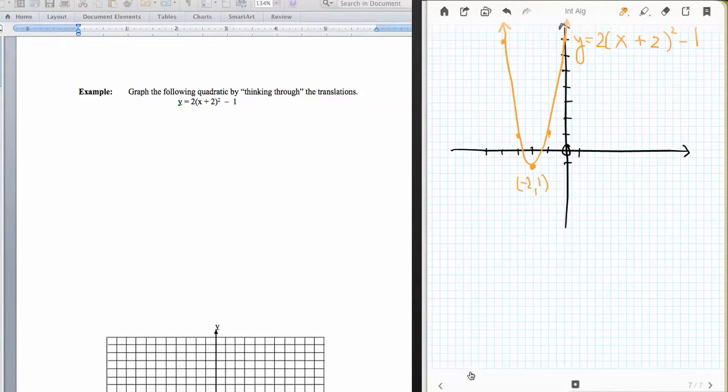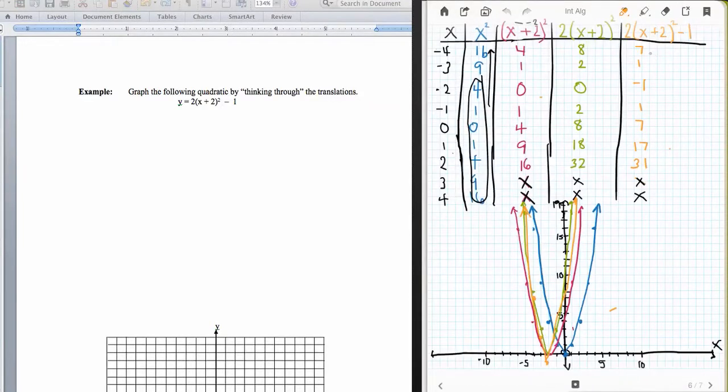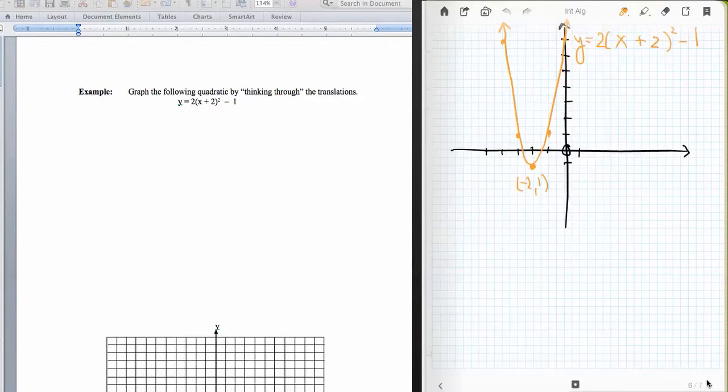So just based upon these particular points right here, 0 and 7, -1 and 1, -2 and -1, my vertex, -3 and 1, and then -4 and 7. And again, I'm going to point out that this is going to be your vertex. And there you are.